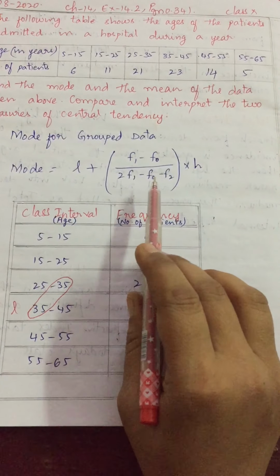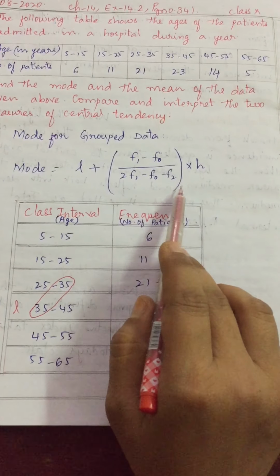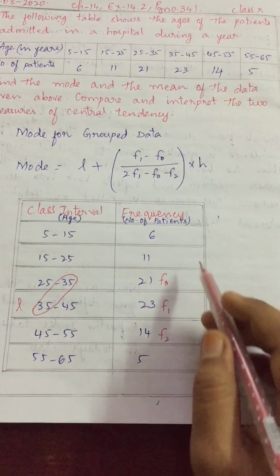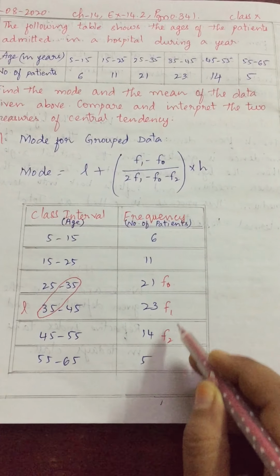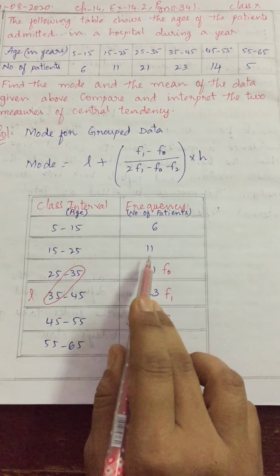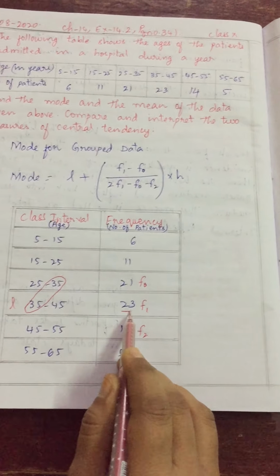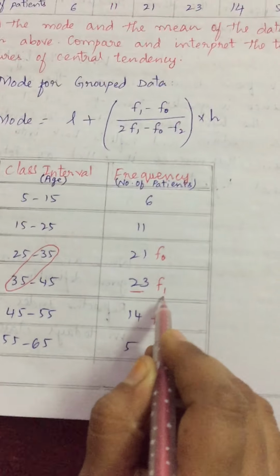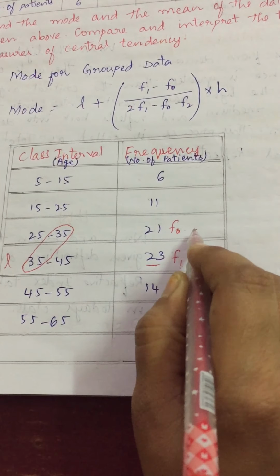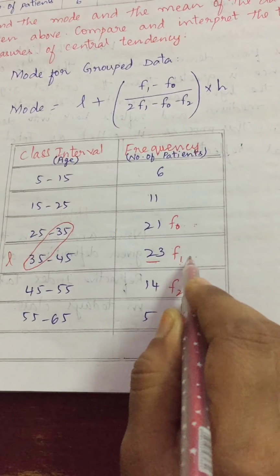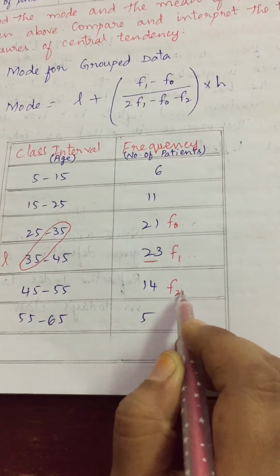In the mode formula, F0, F1 and F2 are there, and they are nothing but frequencies. So in the frequency column, select the highest frequency, that is 23. Correct? That 23 you make F1. The frequency above F1 is F0. Below F1 is F2.